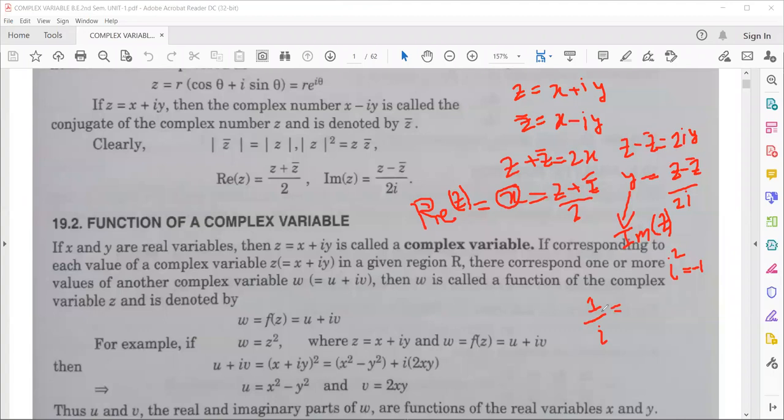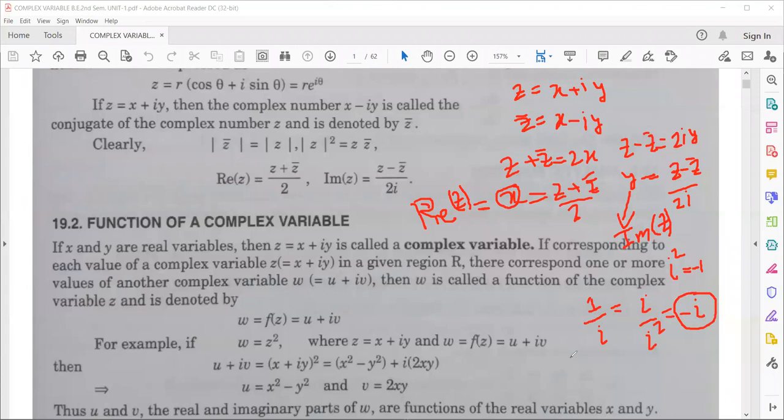So what should I do here? I will multiply i in the numerator and denominator both. So you get i upon i square. This i square is minus 1, so this is equal to negative of i. So 1 upon i is equal to negative i.